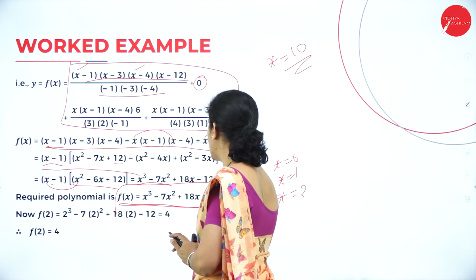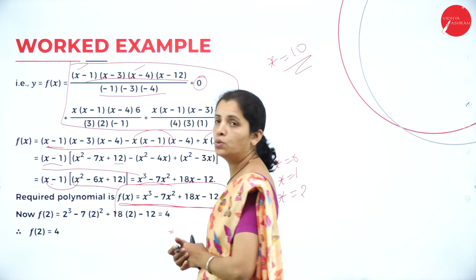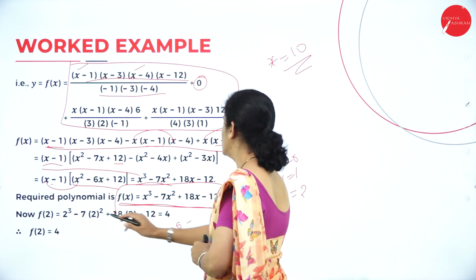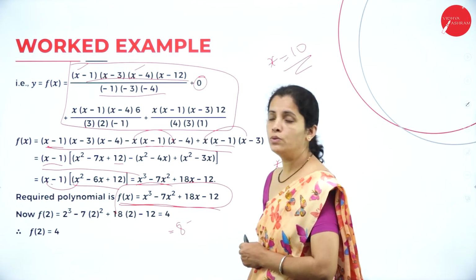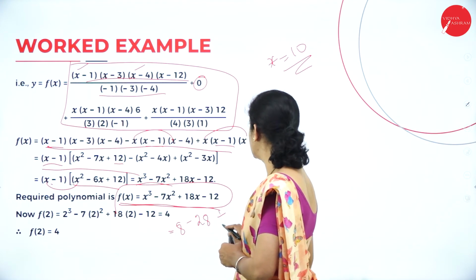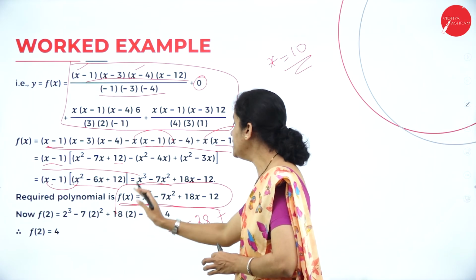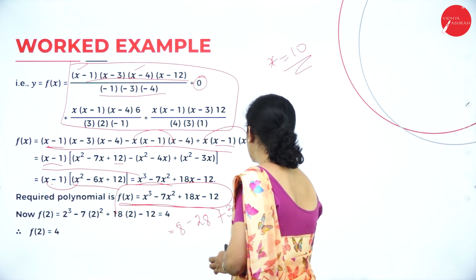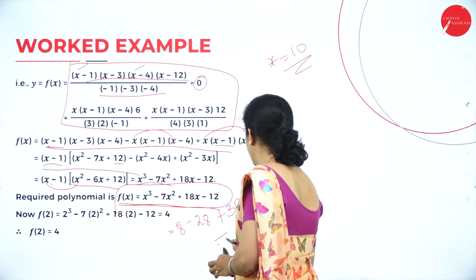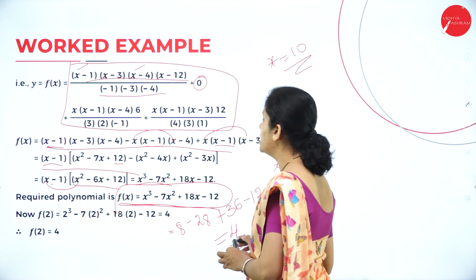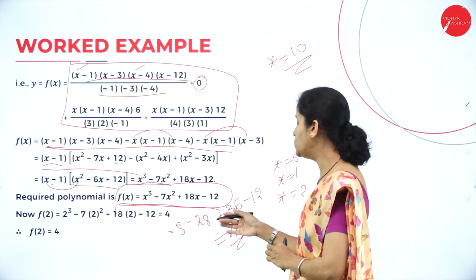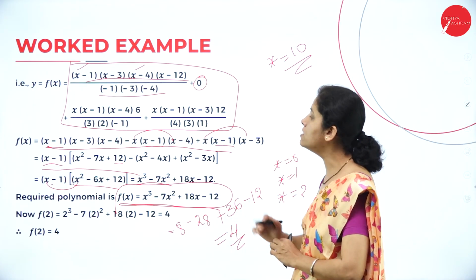So 2 3s are 2 into 2 into 2, that is 8, minus 7 into 4, 7 4s are 28, plus 18 into 2, that is 36, minus 12. So I'm going to get the answer 4. Therefore, when x equal to 2, f of x is 4.